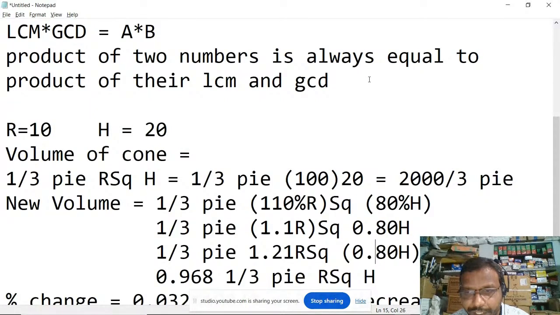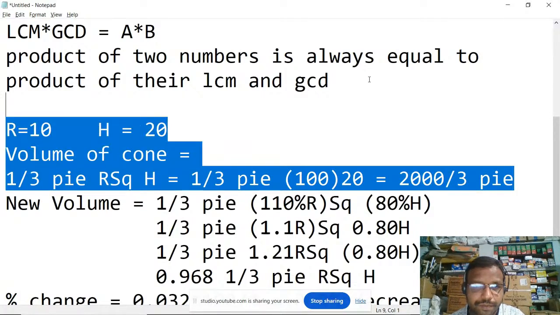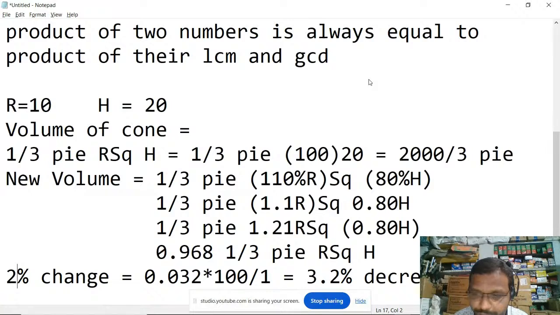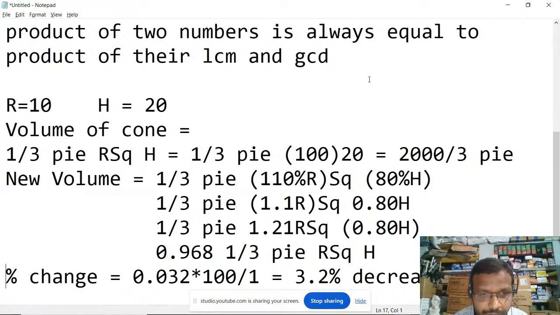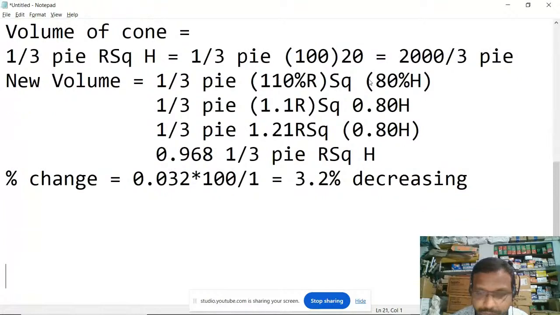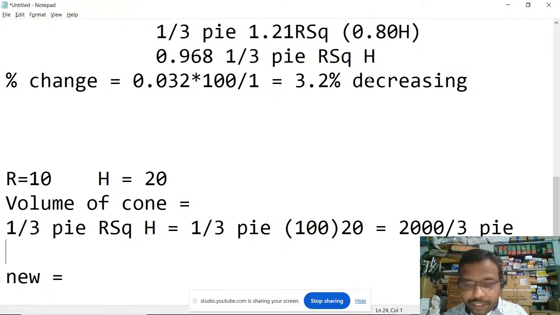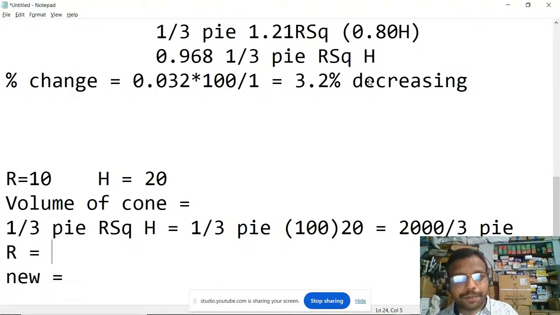If you have to take the new volume, the radius should be increasing. So initially the radius is 10.